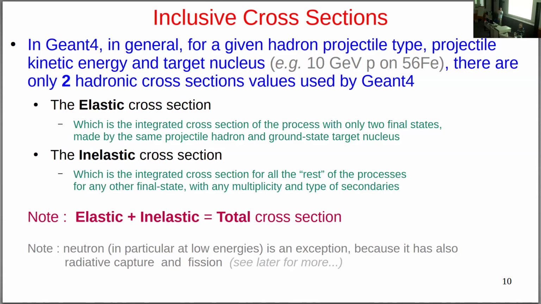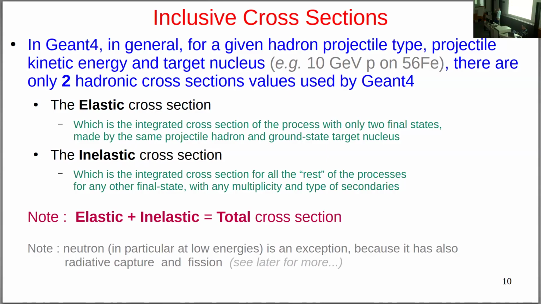So one of the questions that we have been asked often is, what about quasi-elastic? Is it part of elastic or inelastic? So first of all, what is quasi-elastic? Quasi-elastic is an interaction in which the projectile hadron interacts elastically, not with the whole nucleus, because that is elastic, but with single nucleons, with a single neutron or proton, one or even more.